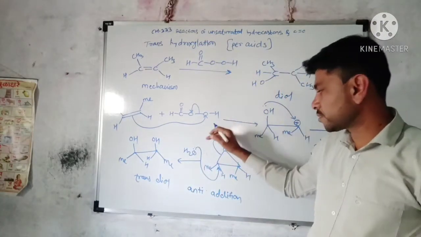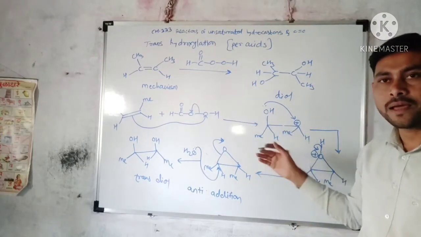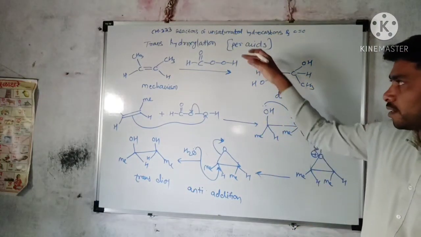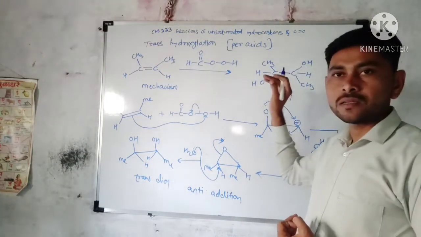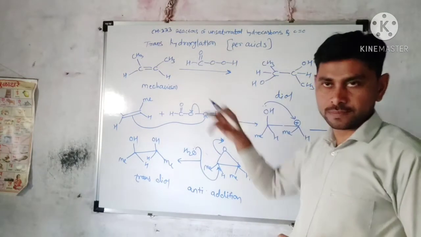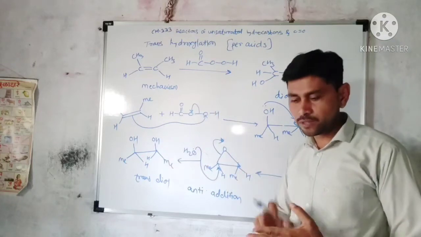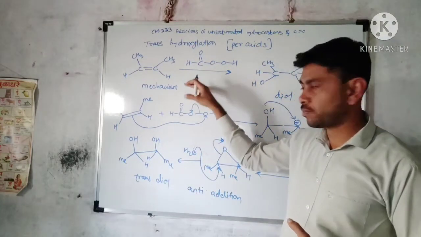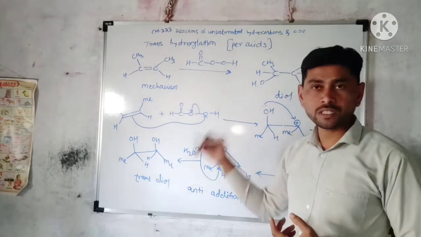By using per acids is possible, but this is trans hydroxylation, where we obtain the anti-addition product. And in case of KMnO4 and osmium tetroxide, we obtain the syn addition product. That's why by using KMnO4 and osmium tetroxide, there is cis hydroxylation, and by using per acids, we get trans hydroxylation. So this is about the hydroxylation process.